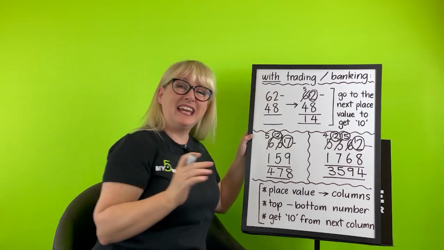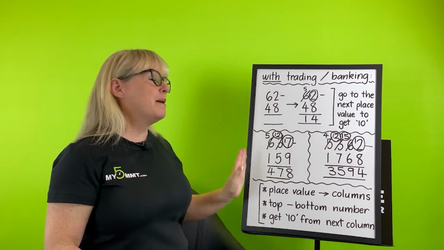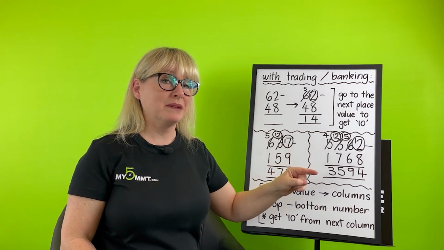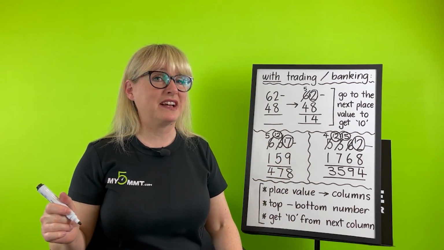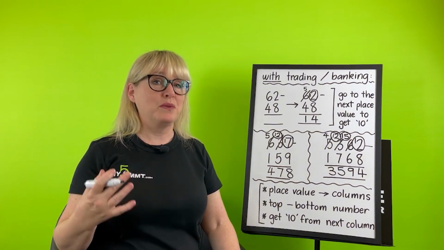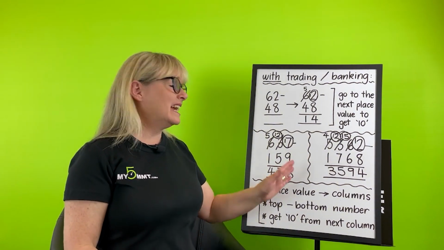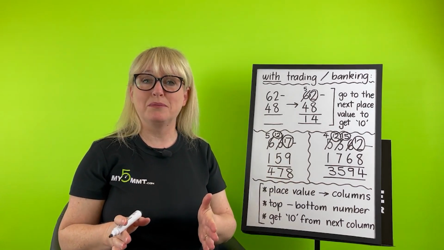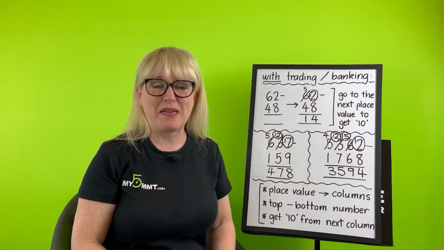So each time, what am I thinking of? My place value. My place value moving from the smallest place value to the largest place value every single time with the subtraction algorithm. Keeping my place value in straight columns is really important because it's a formal written down method.